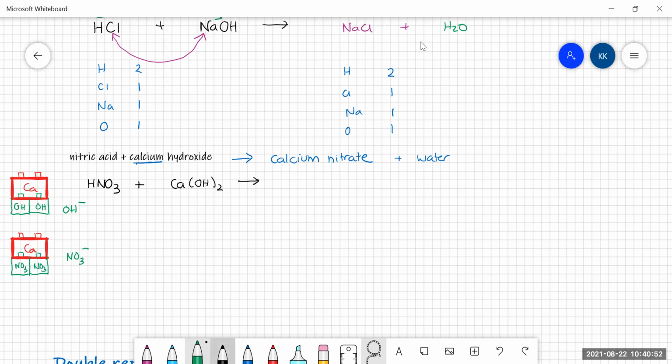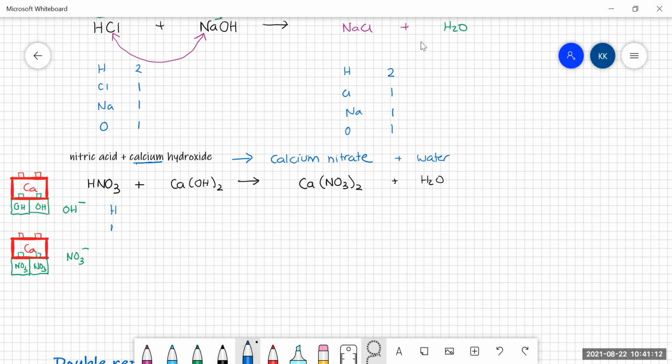So we can see then that the formula of calcium nitrate is Ca(NO3)2. Remember, polyatomic ion goes in brackets, and plus water. All right, now we can do our elements inventory and see if this equation is balanced.